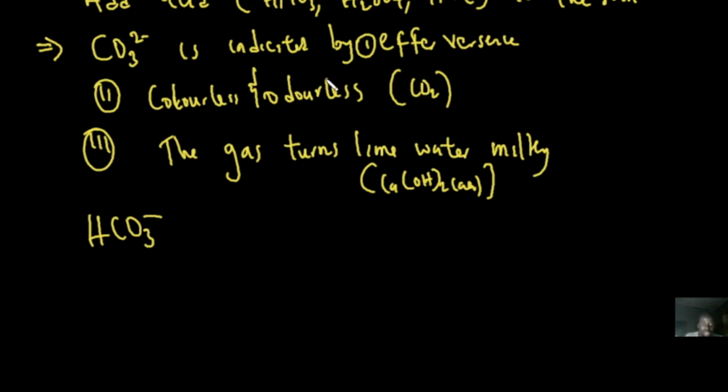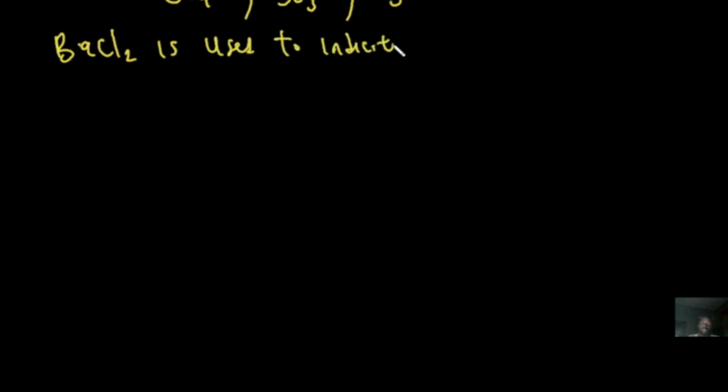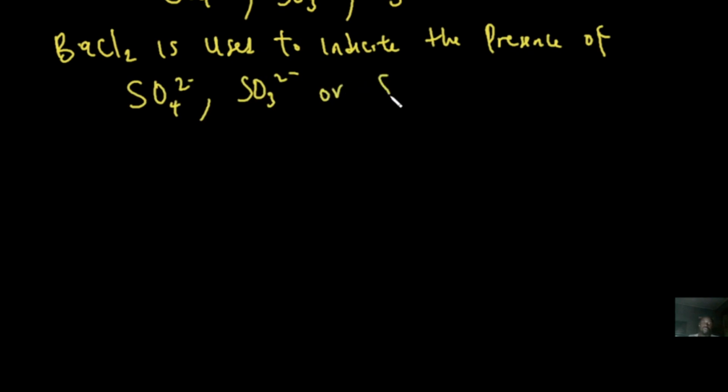Now, the next anions that I'm going to talk about are SO4 2-, SO3 2-, and S2-. The reagent that is used to test these anions is barium chloride. So barium chloride is used to indicate the presence of SO4 2-, SO3 2-, or S2-.